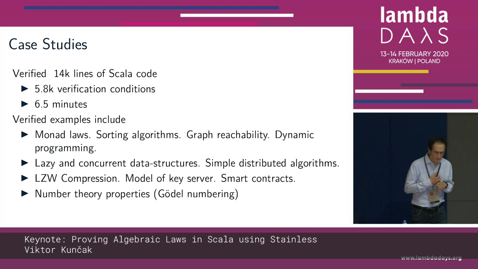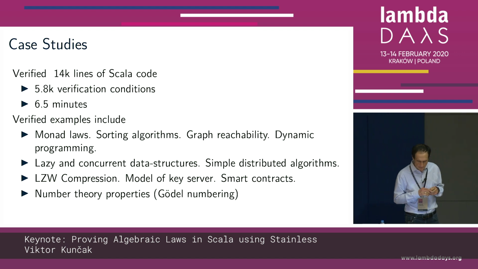Okay, so we've tried it on some code that we wrote ourselves, various benchmarks we've accumulated over the past couple of years. Around 14,000 lines of code verifies in around 6.5 minutes. And they're the kinds of examples that I have mentioned before: compression, data structures.